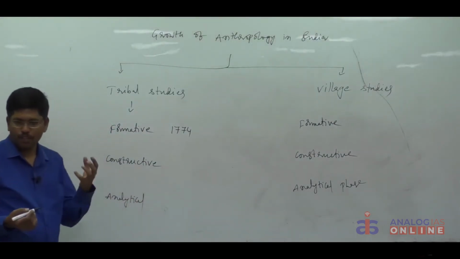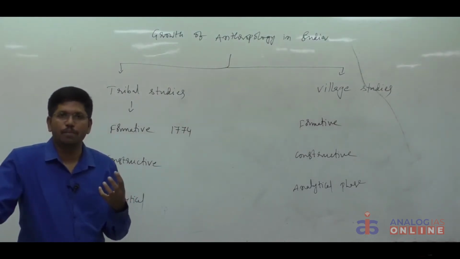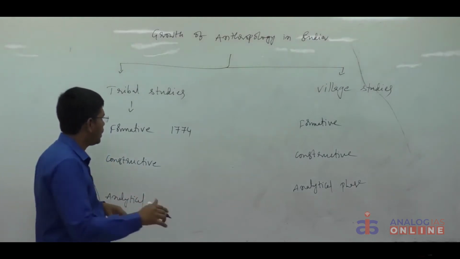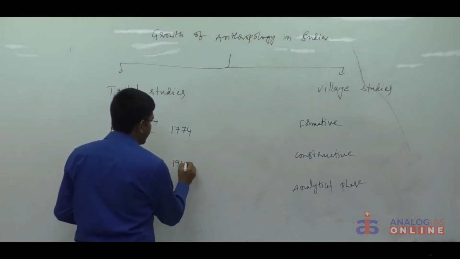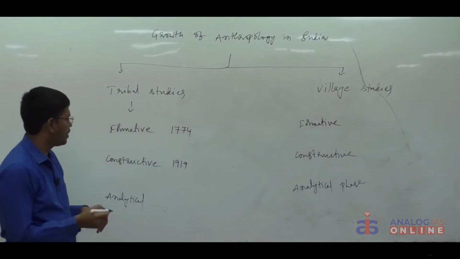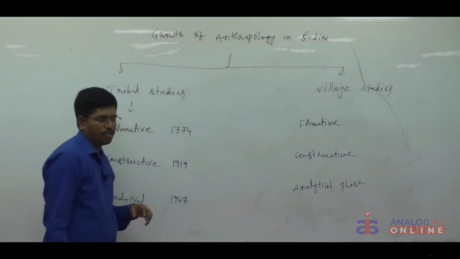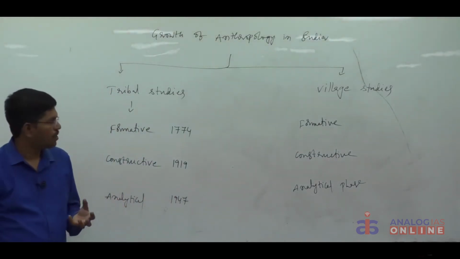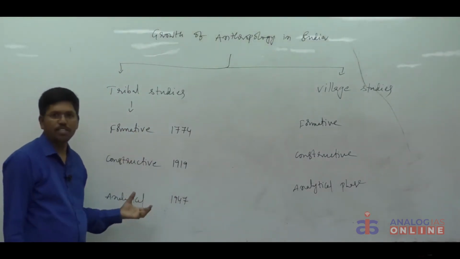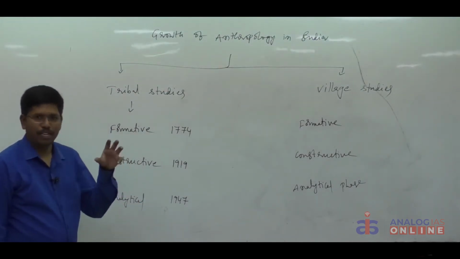Later, anthropology got its recognition because of its incorporation in the sociology curriculum in the Bombay University in the year 1919. That is considered as another significant milestone. Then we got independence. That is another milestone. See, according to different anthropologists, the timings of these stages vary. That's why don't bother about the years.